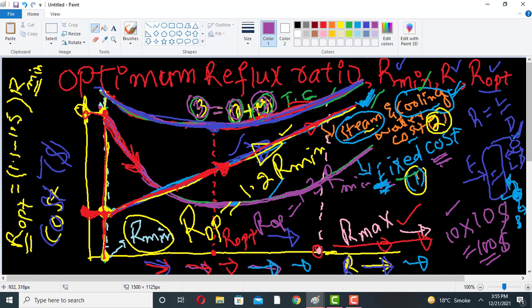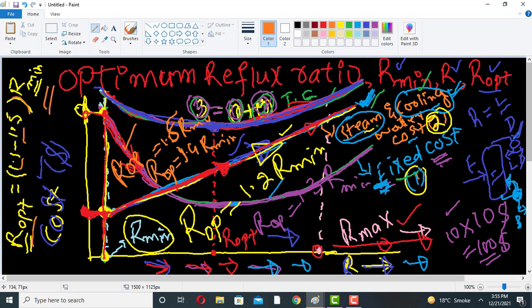Similarly, it can be 1.4 times the minimum reflux ratio, or 1.5 times the minimum reflux ratio. ROPT means the optimum reflux ratio. So the optimum reflux ratio can be between 1.1 and 1.5 times the minimum reflux ratio.